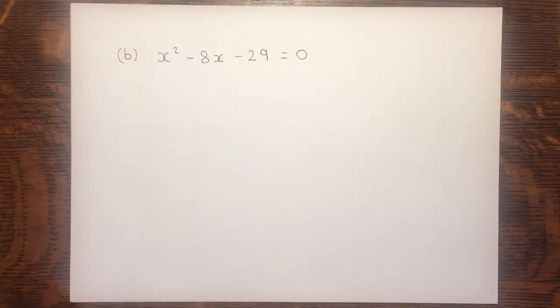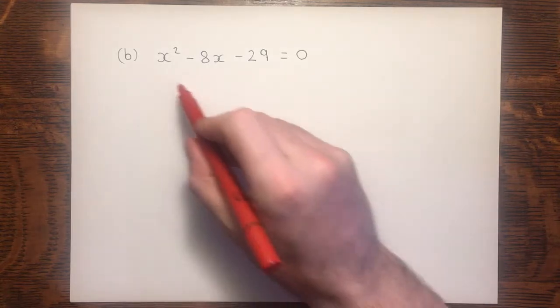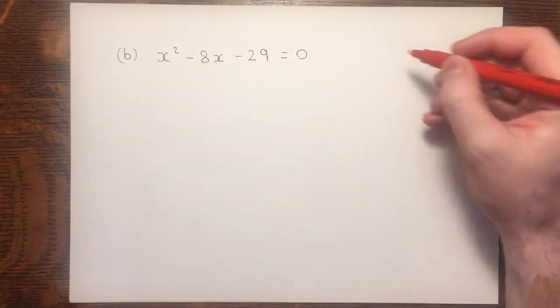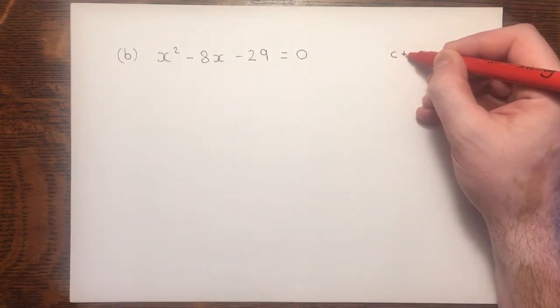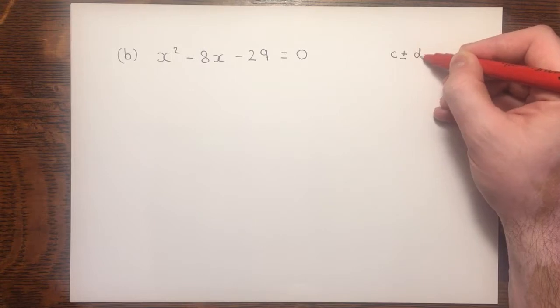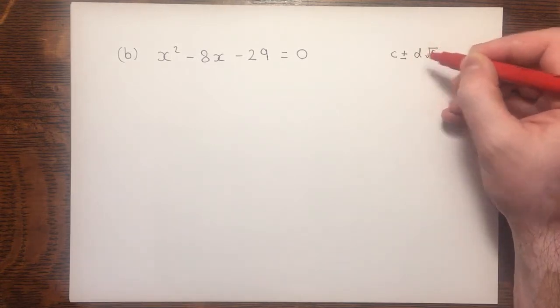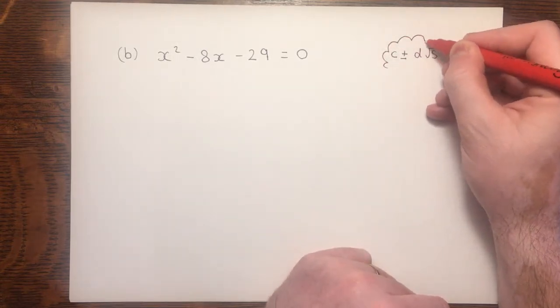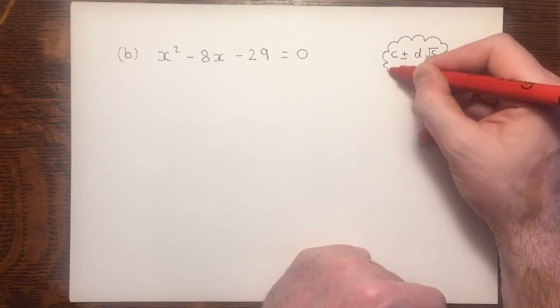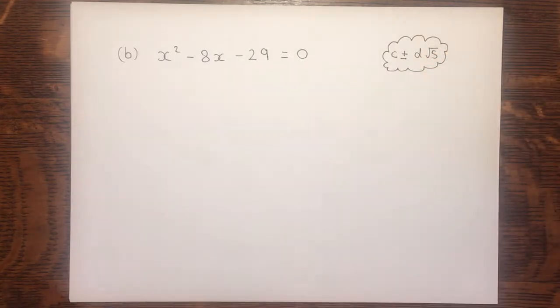And it says, hence or otherwise, so using what we knew in part A, show the roots of this are equal to c plus or minus d root 5. So this is the form that we're aiming for for our roots of this.